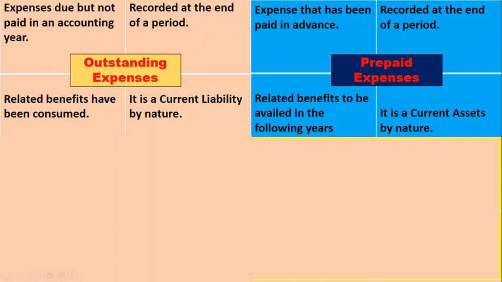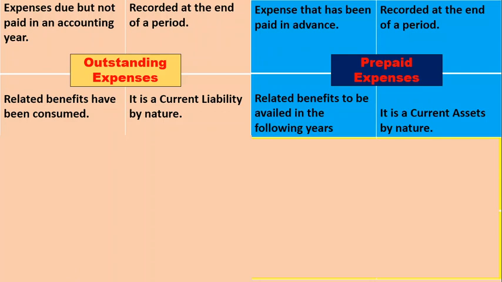This also is recorded at the end of the period, because we calculate on 31st December at the time of closing of our books, final accounts. At that time, what is the position? Whether we have taken the money back, or some adjustment has been done, or it is still an advance and we haven't taken any services. So the related benefits are to be availed in the following years.